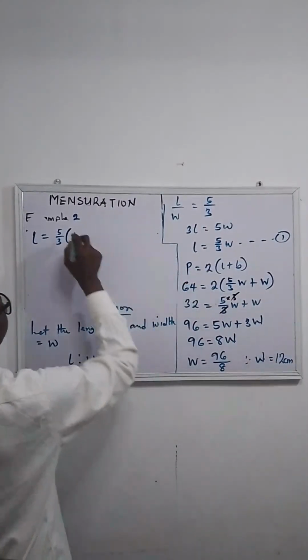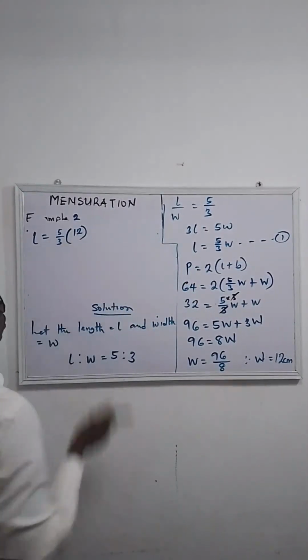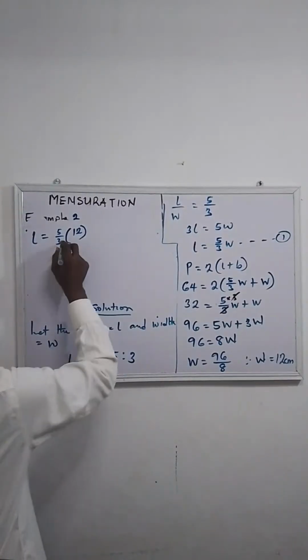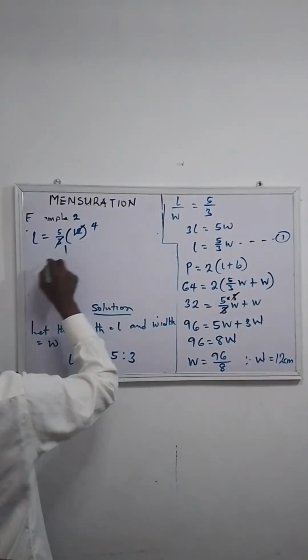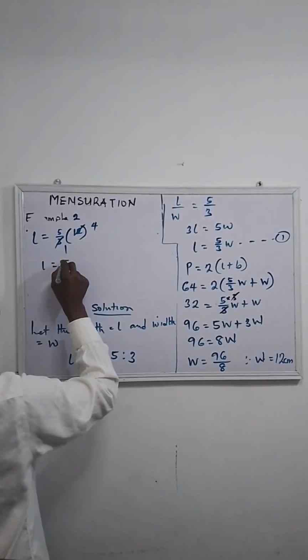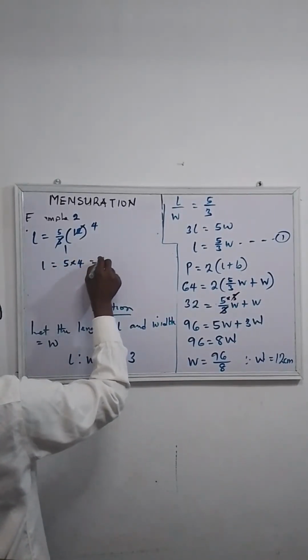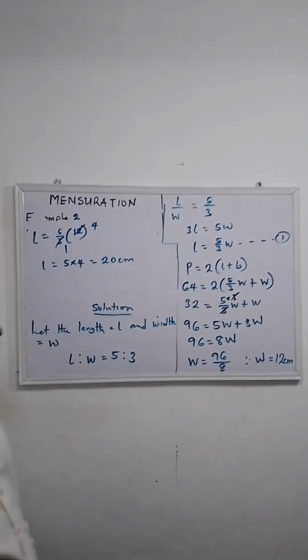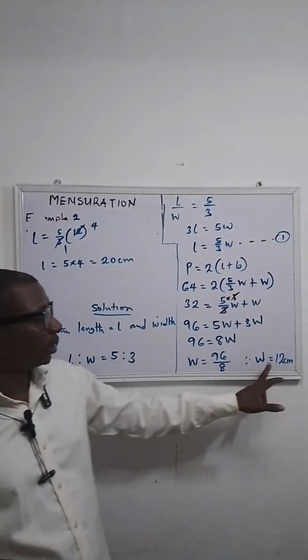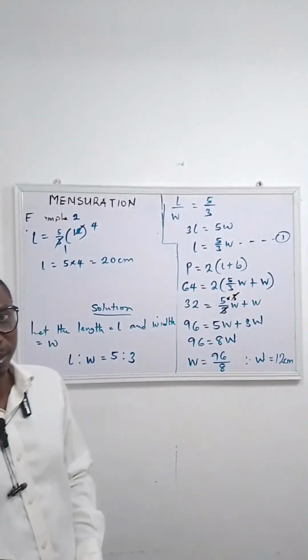The width is 12, so we have 12 here. So 3 goes here 1, 3 goes here is 4. So we have L equals to 5 times 4, and that is 20 centimeters. So the length is 20 centimeters, while the width is 12 centimeters.